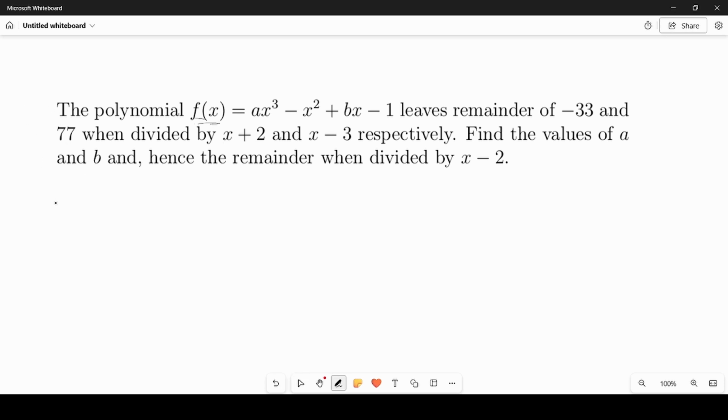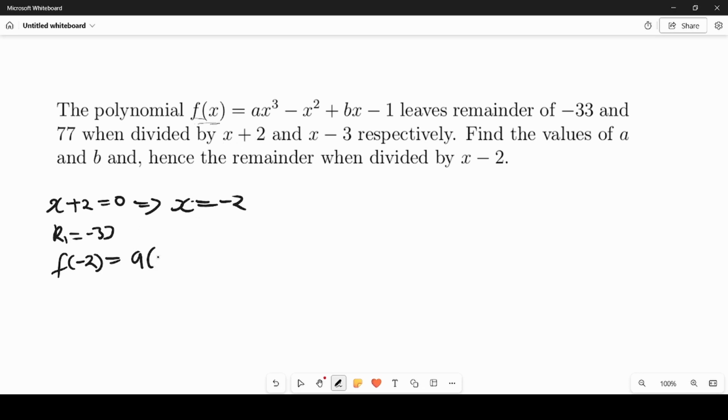So find the remainder for the first one. You let x plus 2 be equal to 0, so that x is going to be minus 2. So the first remainder, which is minus 33, will be found by substituting this value of x into the given expression.